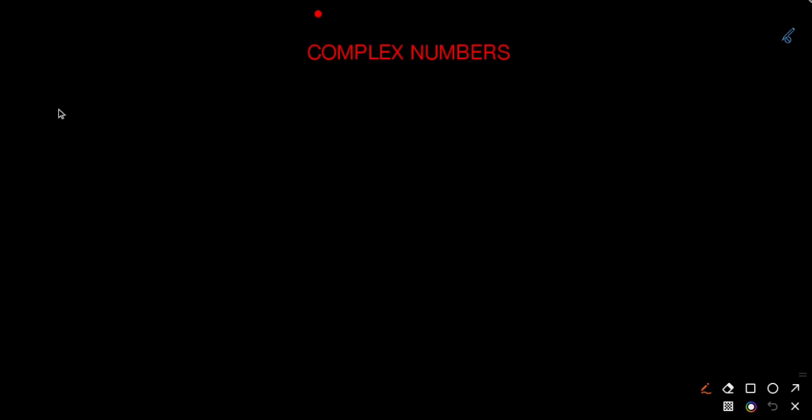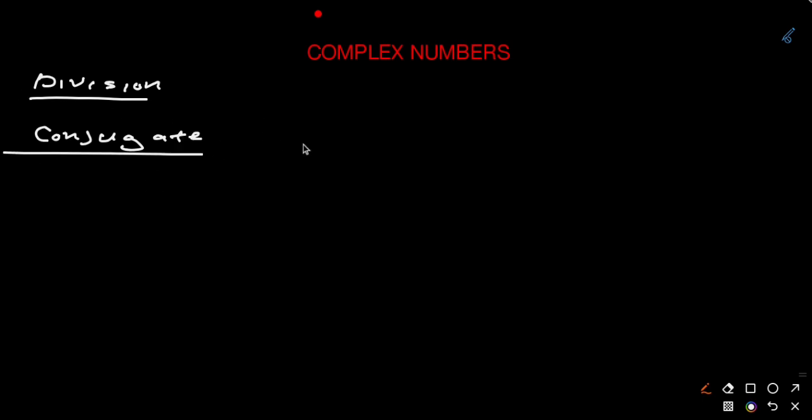One thing that you need to know is, we're looking at division of complex numbers. So the first thing, let's look at the conjugate. Before we look at division, we need to look at the conjugate.